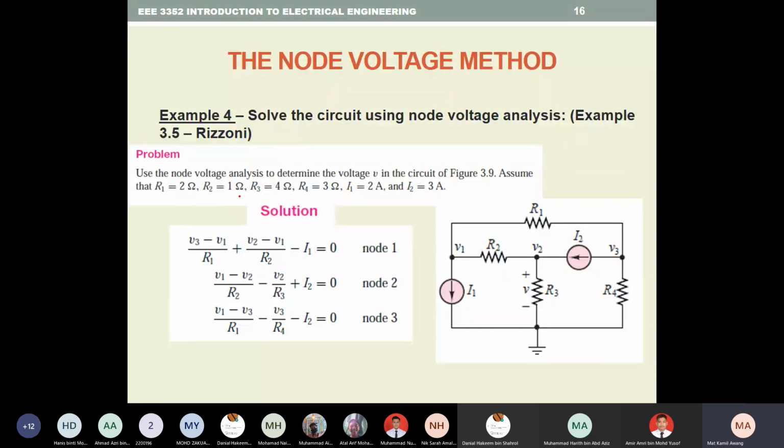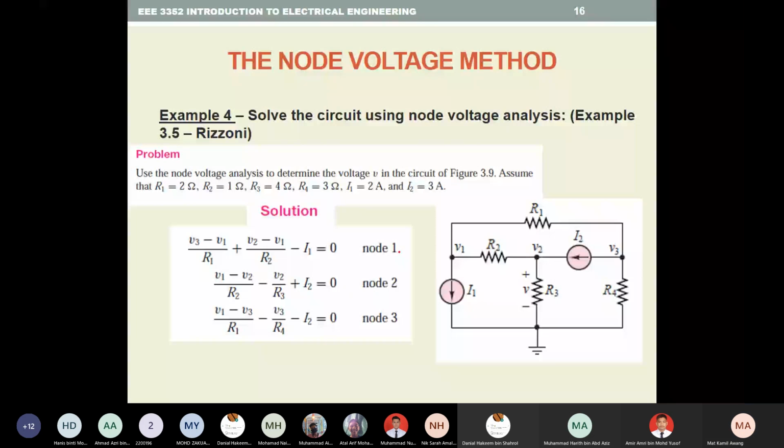R1 is 2 ohms, R2 is 1 ohm, R3 is 4 ohms, R4 is 3 ohms. I1 is 2 amps, and I2 is 3 amps. So there are 1, 2, 3, and 4 nodes.